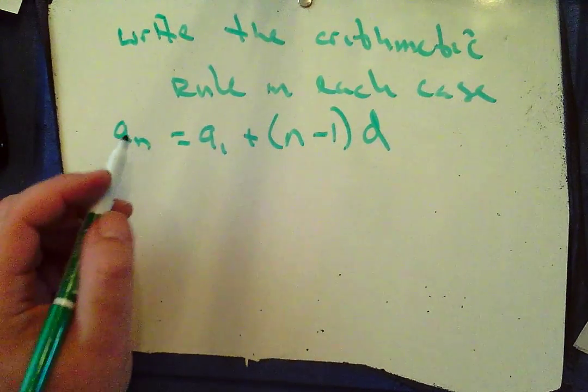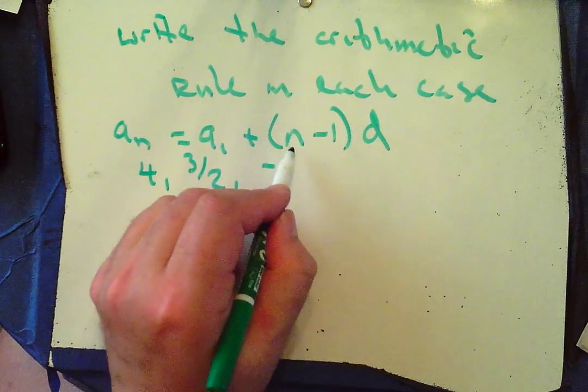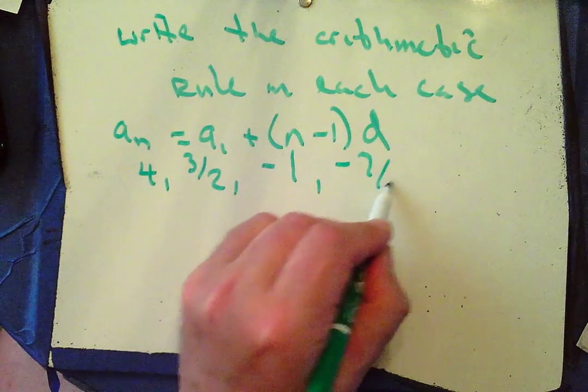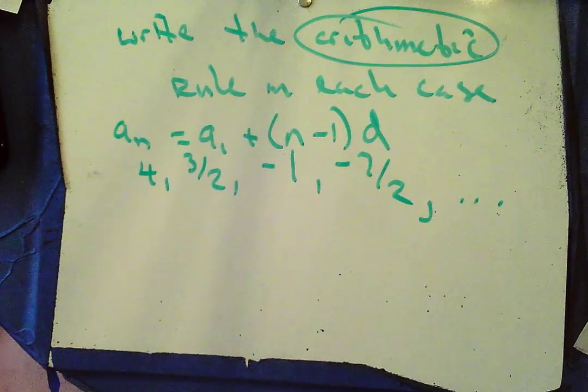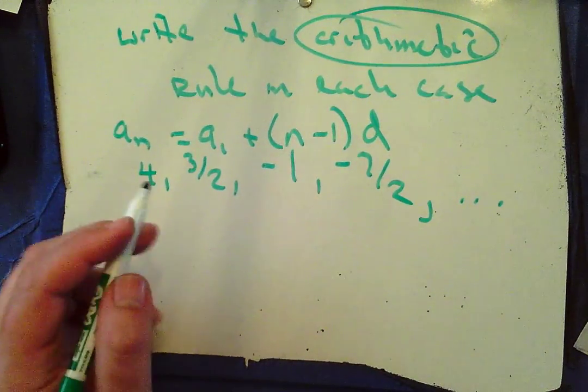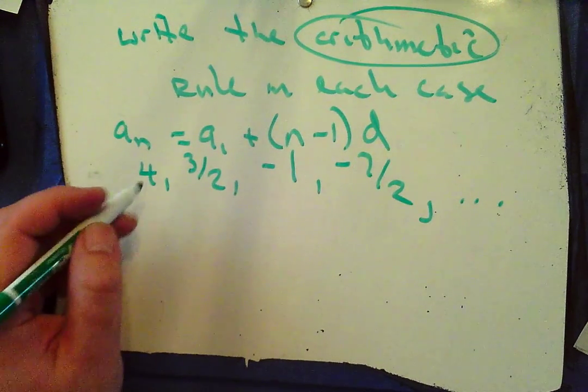Okay, so here's the first one. 4, 3 halves, -1, -7 halves. Please write the arithmetic rule for the sequence. We're told it's arithmetic, so we know there's a common difference. We just have to find that common difference. Again, I think sometimes common denominators can be helpful.